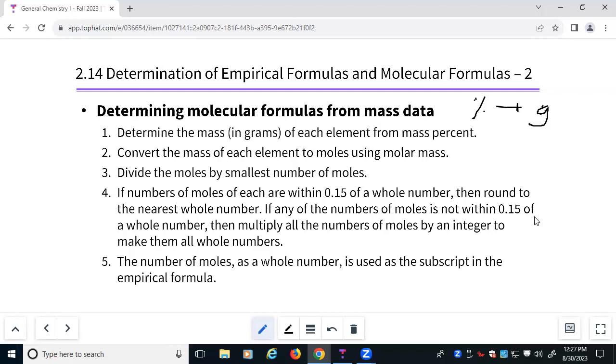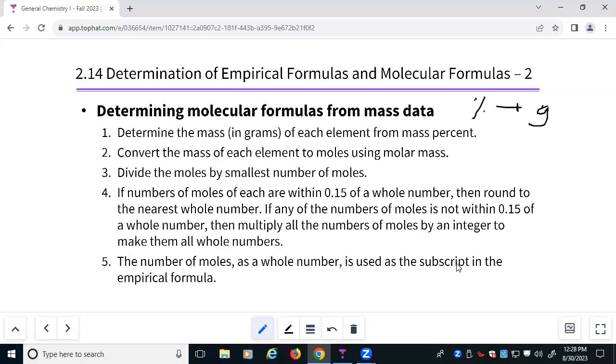Percent means part of 100, right? So if I assume that I have 100 grams of that sample, I can turn whatever that percentage is into a gram value. Now, do we actually need 100 grams of this stuff? No, but we use 100 grams just because it makes the math work out a lot easier.